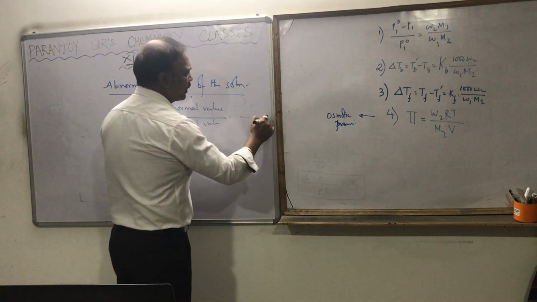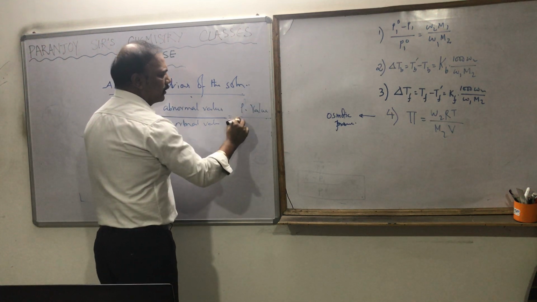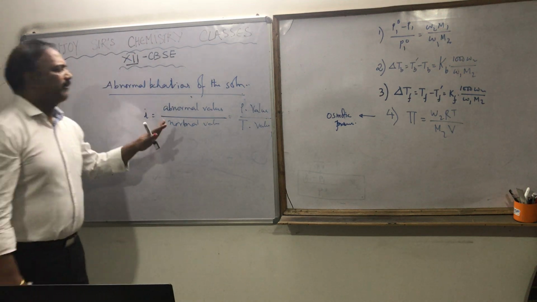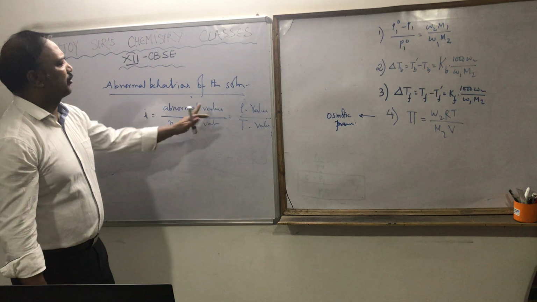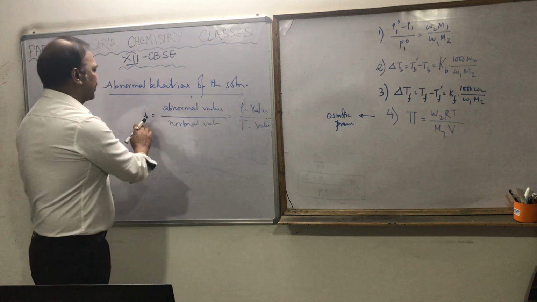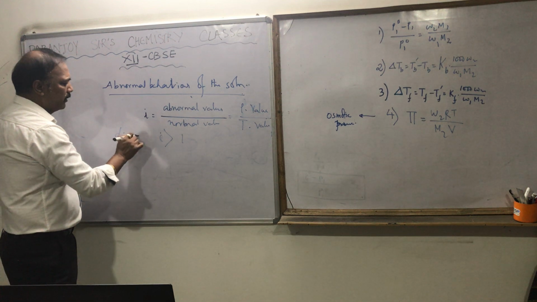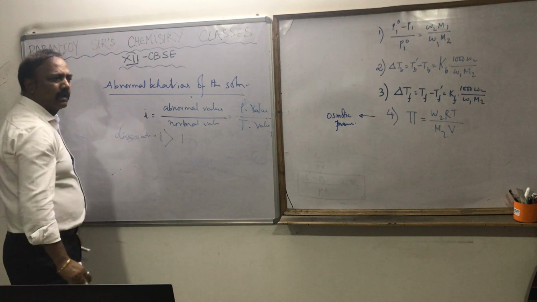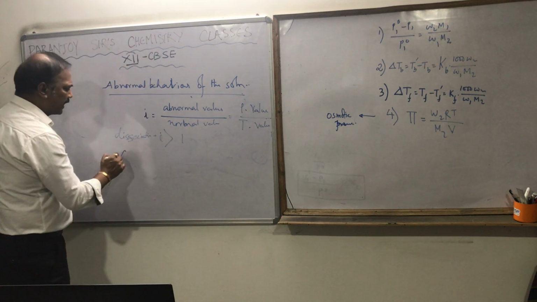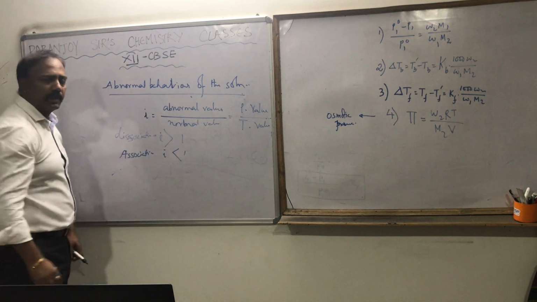Abnormal value means, to understand it better, the practical value divided by the theoretical value. If dissociation takes place, obviously the practical value is greater than the theoretical value. In that case, i is greater than 1. And in case of association, the practical value is less than the theoretical value, so for association, the value of i will be less than 1.